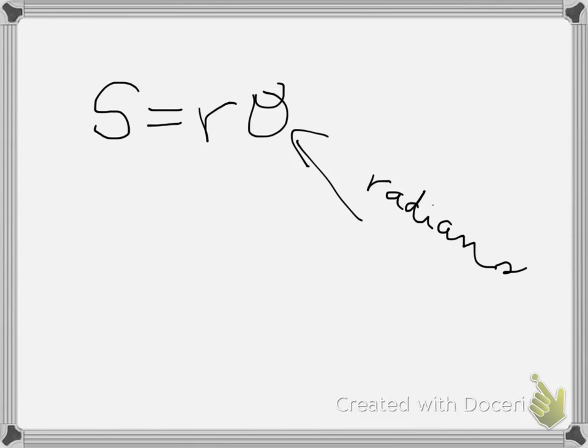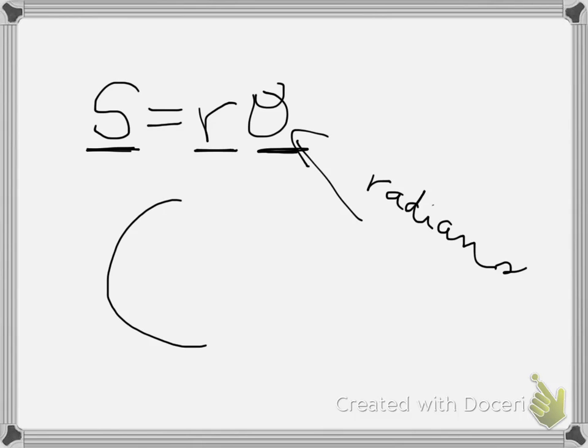Okay, let's look at our notes again. It says the length of an arc. The length of any circular arc S, okay, this is the length S, is equal to the product of the measure of the radius of the circle and the radian measure of the central angle theta that it subtends, that it catches.